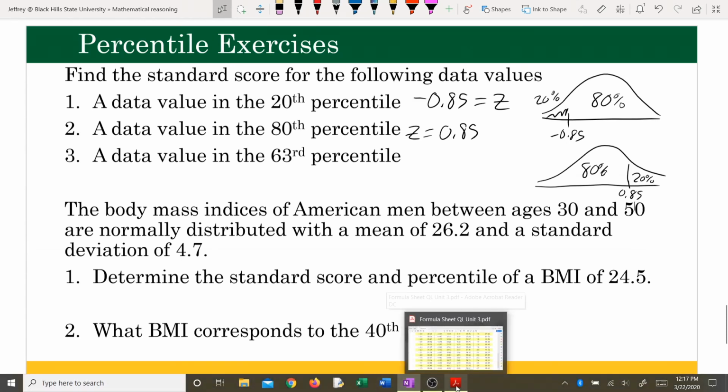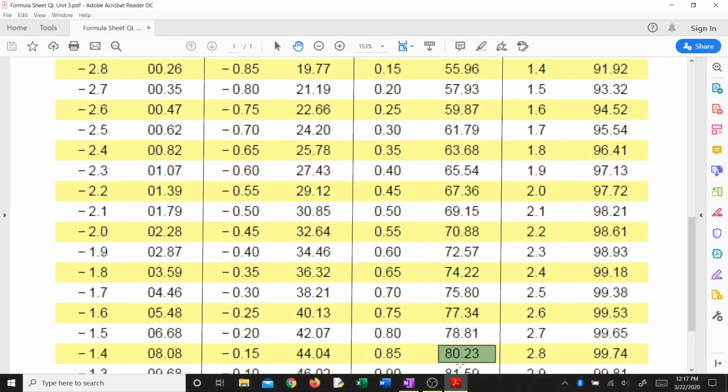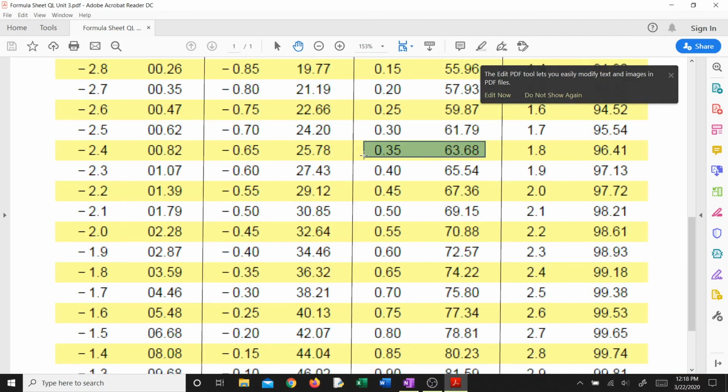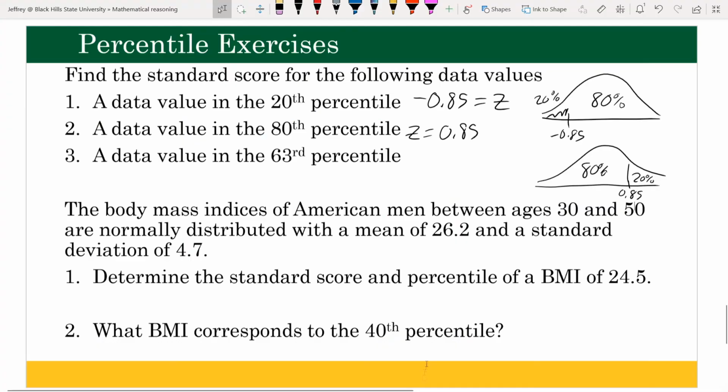Last one, it says to find the 63rd percentile and to find the z-score corresponding to that. In this case, we had a z-score of 0.35. So the last part says that we're looking at the body mass index, and these are normally distributed with a mean of 26.2 and a standard deviation of 4.7.